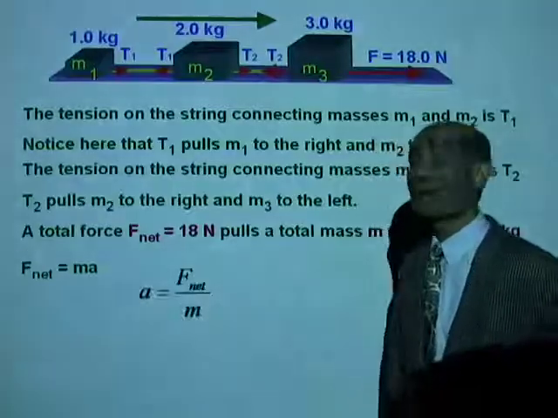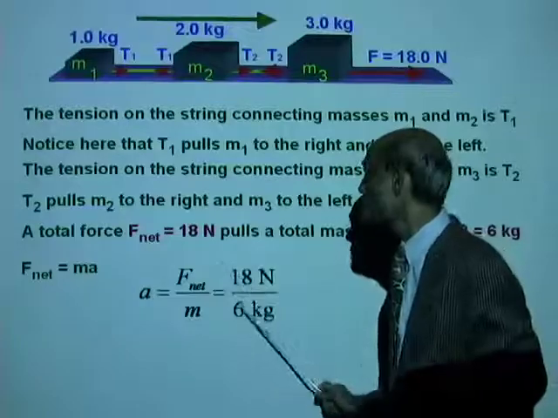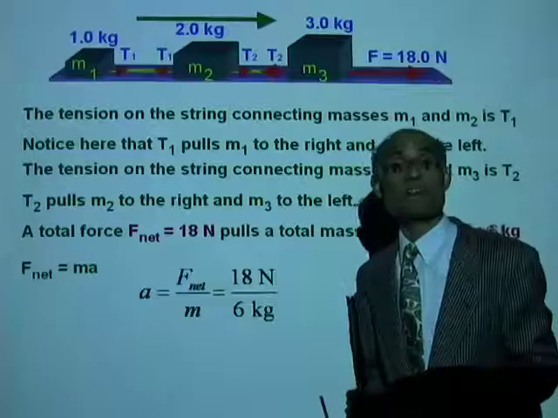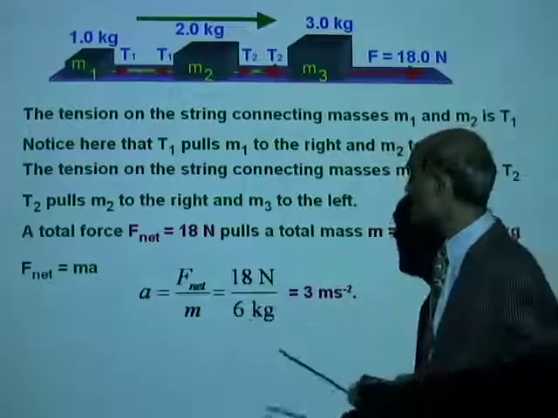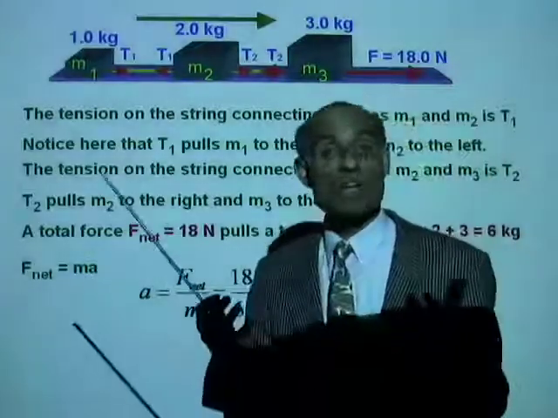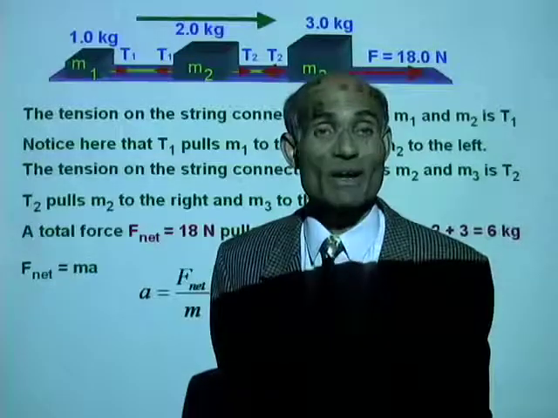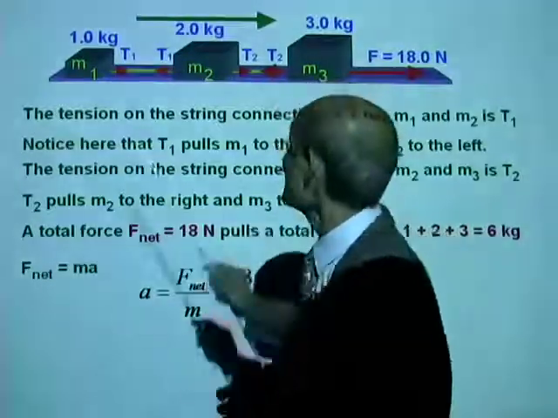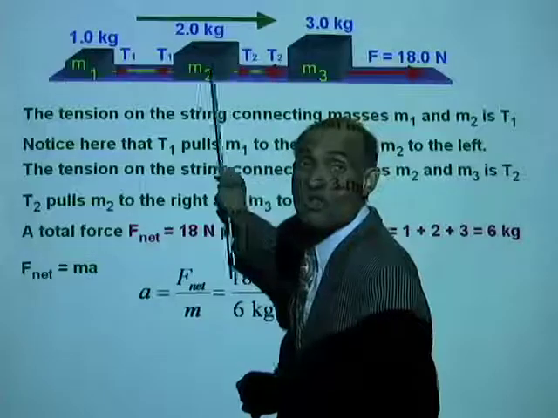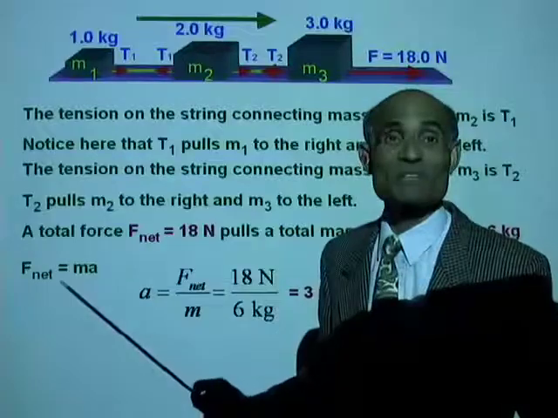A equal to F net over m, that will be 18 Newton divided by 6 kilogram, and that is 3 meter per second squared. The acceleration of the system is 3 meter per second squared. What does that mean? It means the acceleration of each of these masses is 3 meter per second squared.